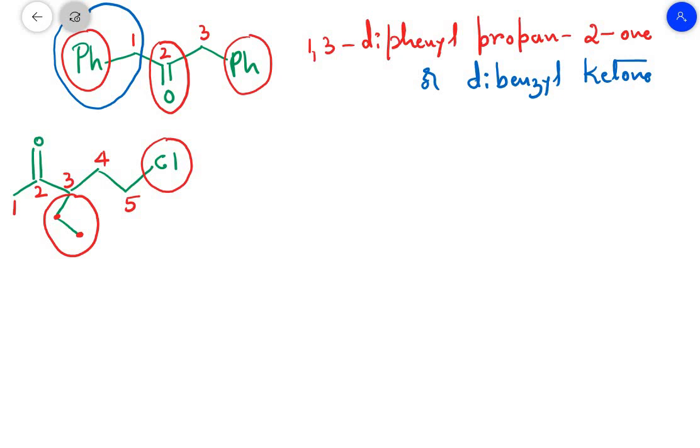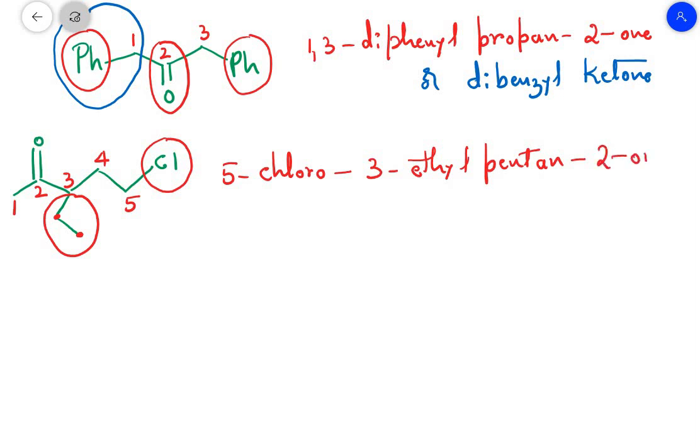So therefore the name of this compound is 5-chloro-3-ethylpentane-2-one. Since there are 5 carbon atoms, and at the 2nd position we are having our ketonic group, therefore it is called pentane-2-one.